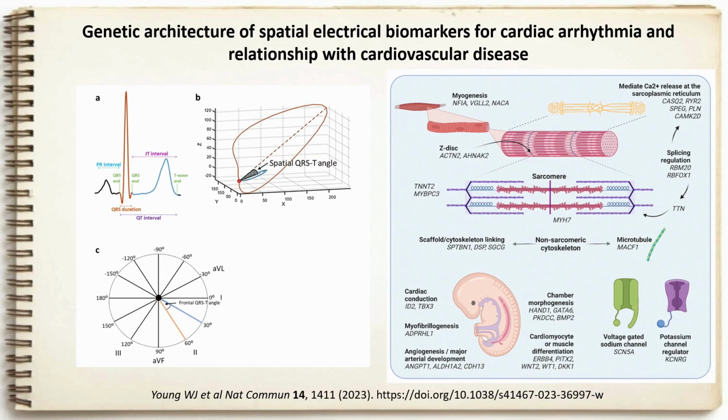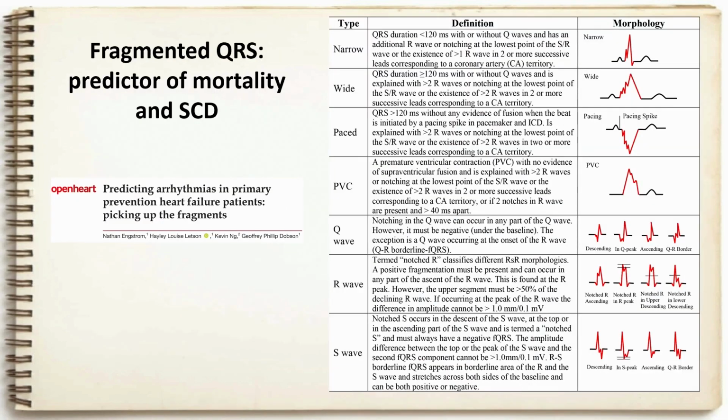Recently, it was clearly shown that this QRST spatial angle parameter is linked to genetics, is linked to identified foci which start to operate during embryogenesis and which influence the development of the myocardium in the next years.